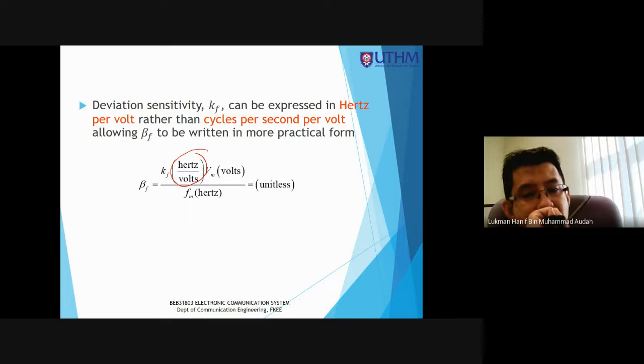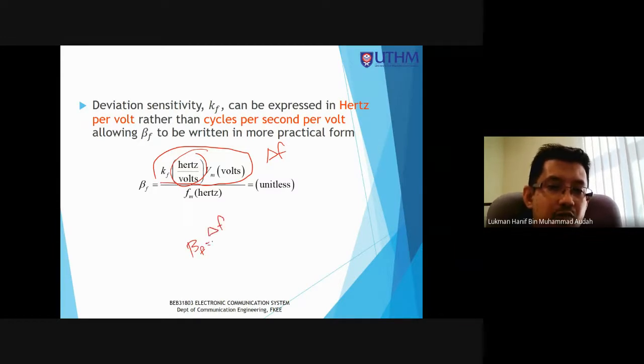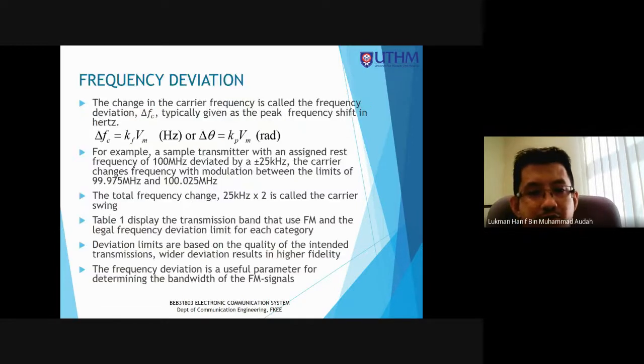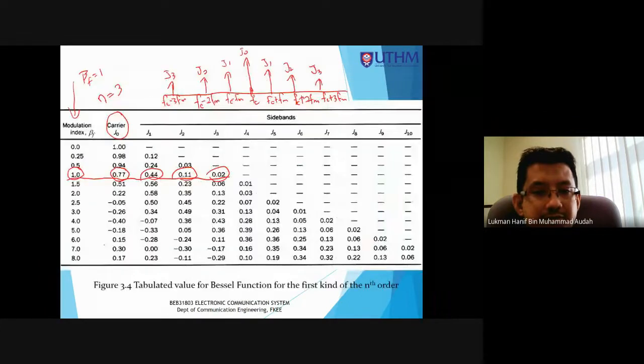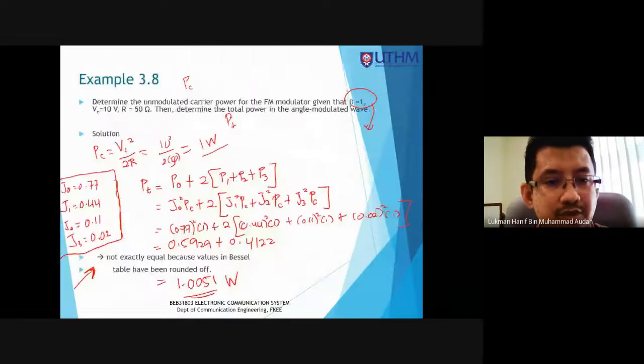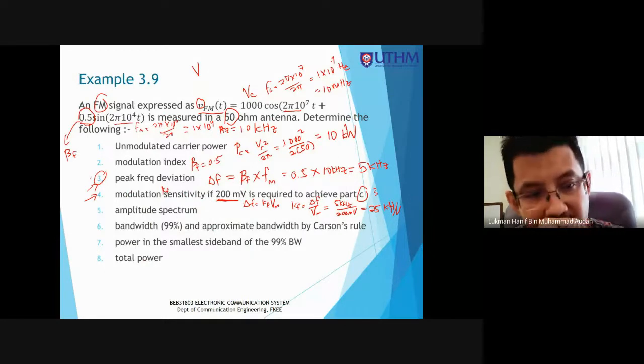In this context I use hertz per volt, where Kf Vm is equal to delta F. So beta F is actually delta F over Fm, where delta F is equal to Kf Vm. Okay, I go back to the slide. So we get 25 kilohertz per volt, and then what?